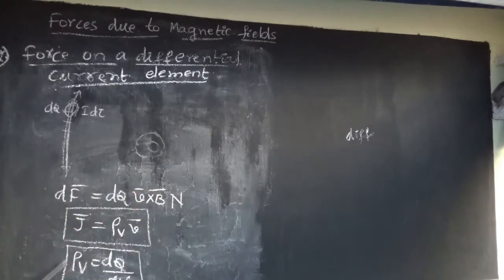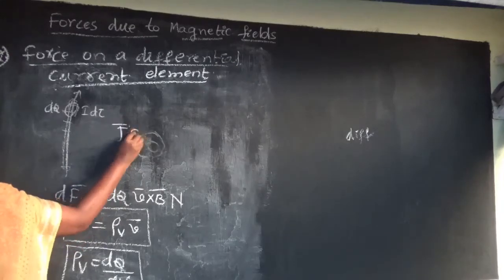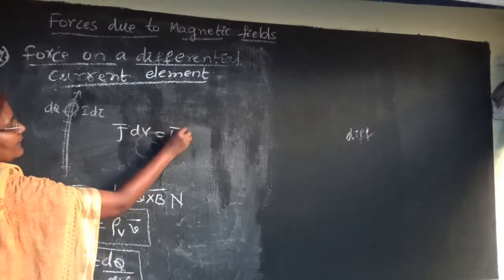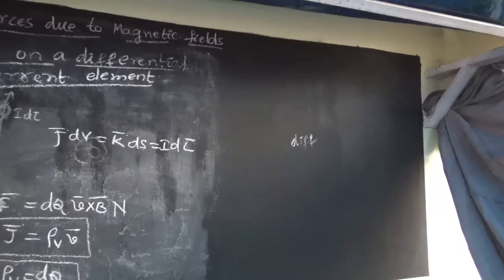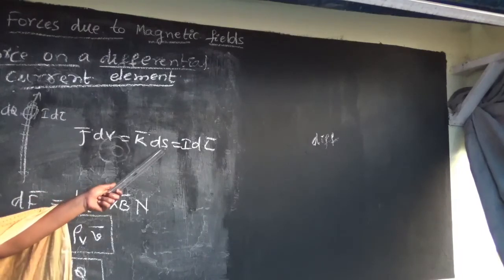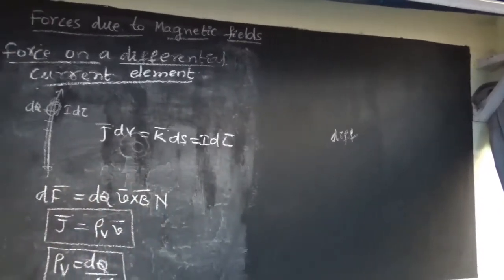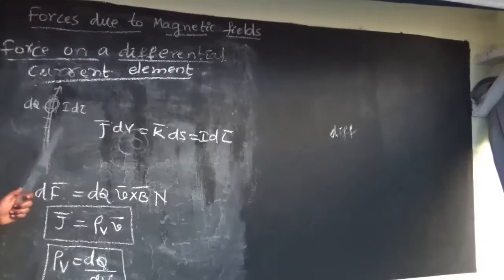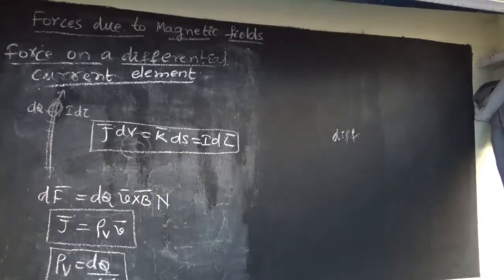And here this is the volume charge density dq by dv. So to add all this, we have J bar dv is equal to K bar ds is equal to I dl bar. J bar dv when we consider the volume density, K bar ds when we consider the surface density, and I dl bar when we consider the line density. You have to remember this formula also. If you remember all these, then the derivation will become very easy.